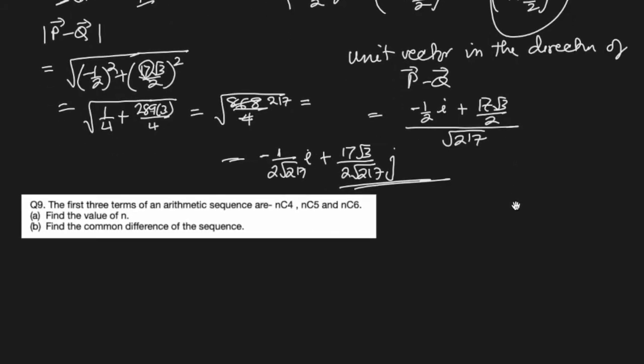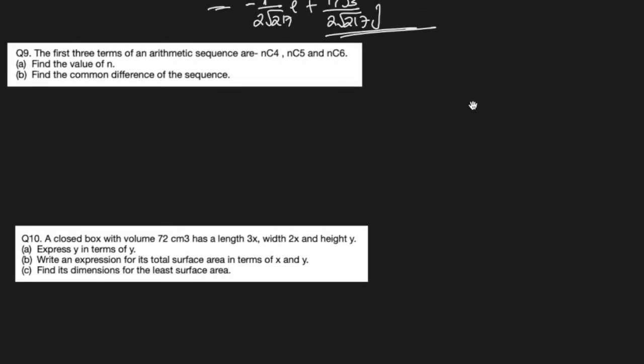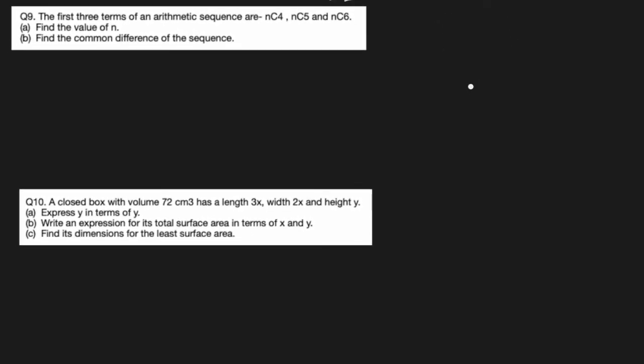Let's move on to the next one. The first three terms of an arithmetic sequence are nC4, nC5, nC6. Find the value of n. Okay, so it is an arithmetic sequence. They have given that this is U1, nC4, U2 equal to nC5, and U3, the third term, is nC6.